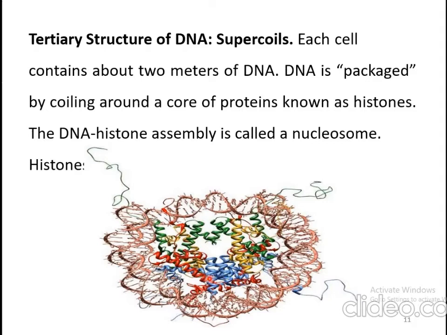These colored structures are histone proteins, and this coiling remains stable and uniform by the support of these histone proteins present inside of this coil. The DNA-histone assembly, or the pairing of these histone proteins and DNA coiled around them, is known as nucleosome histone assembly or DNA histone assembly.